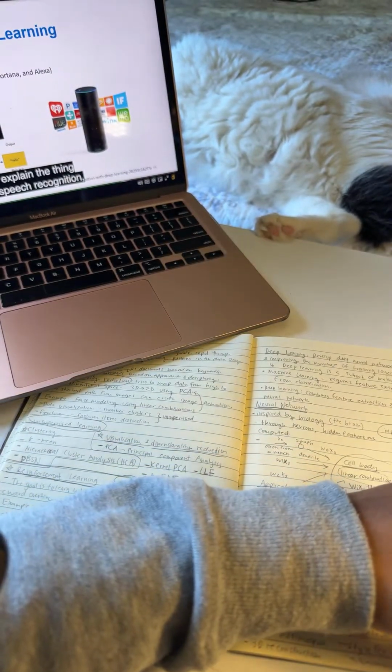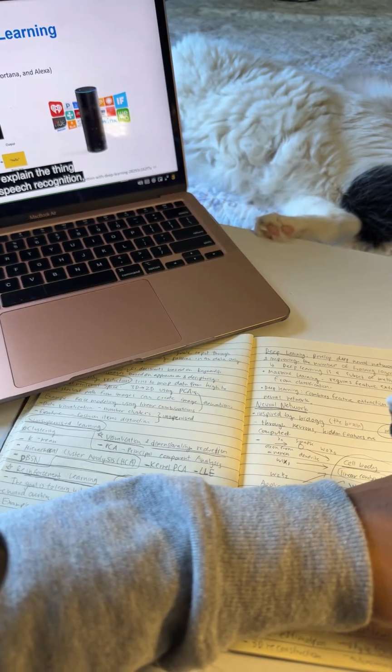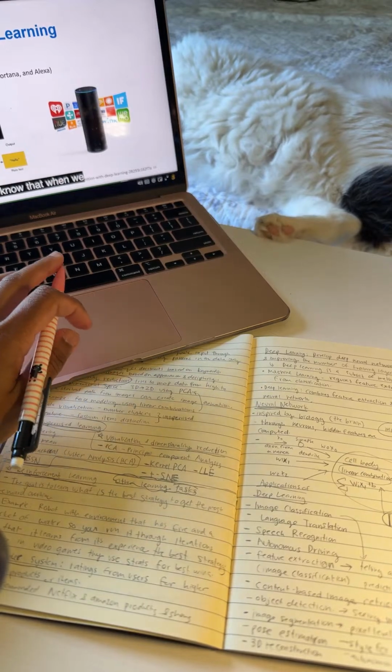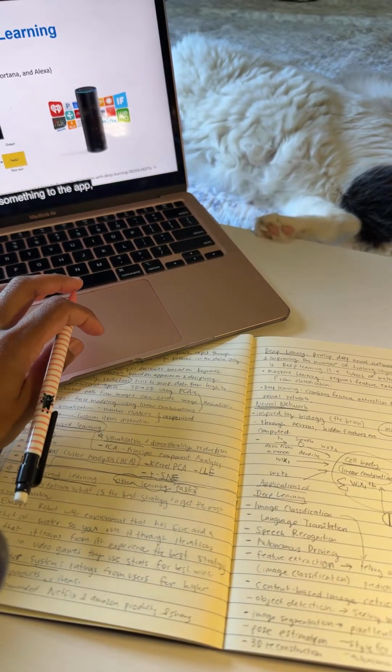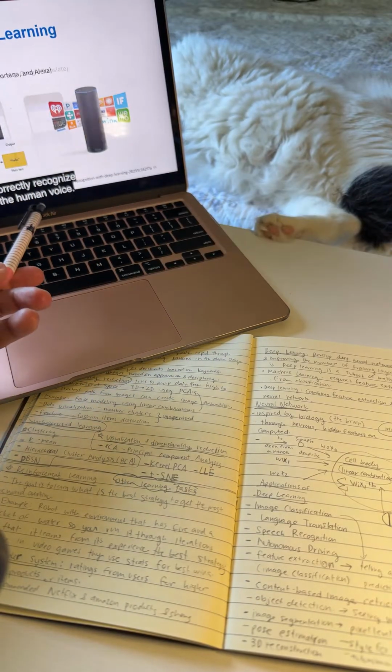Speech recognition. For speech recognition, we know that when we say something to the app, it can quickly and correctly recognize the voice.